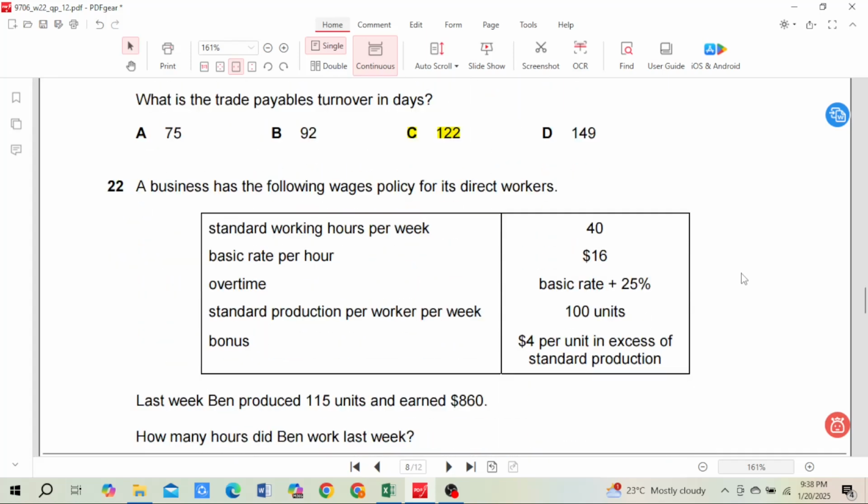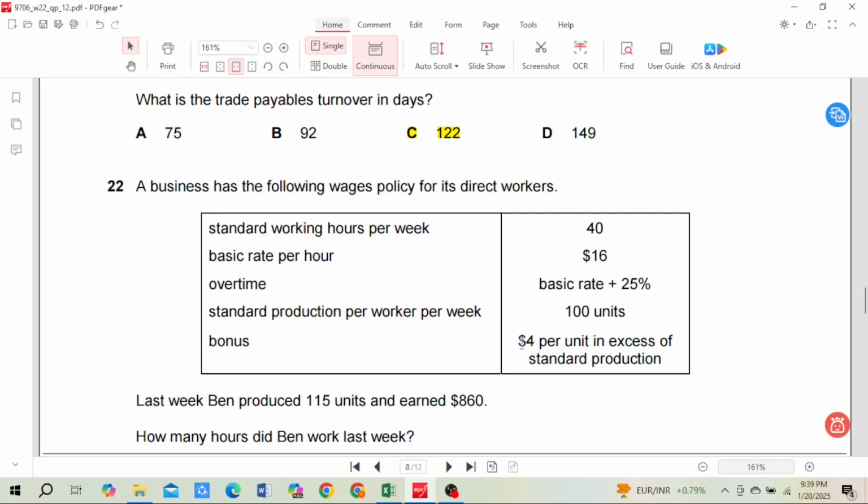Okay, next question. A business has the following wages policy for its direct workers. Standard working hours per week 40 hours. Basic rate per hour is $16. Overtime payment is basic rate plus 25%, and standard production per week per worker is 100 units.